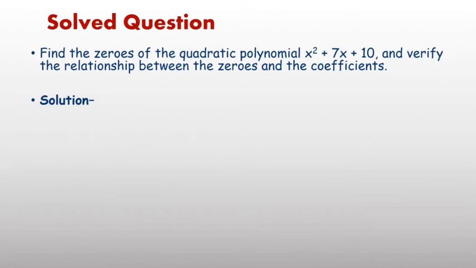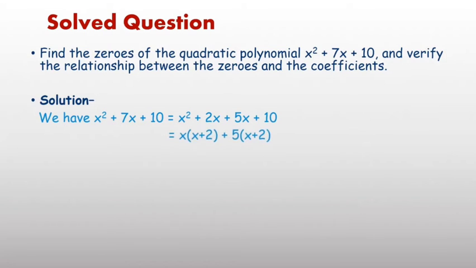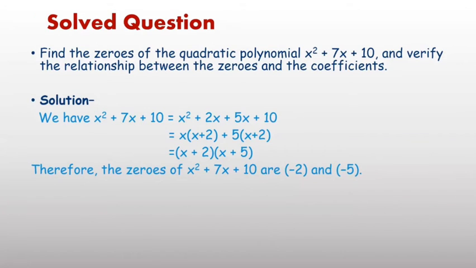Second, a polynomial is given. You have to find zeros and also verify the relationship between zeros and coefficients. x square plus 7x plus 10. You can factorize it, and factors you will get as x plus 2 into x plus 5. Therefore, zeros of the polynomial are minus 2 and minus 5. Now relationship.